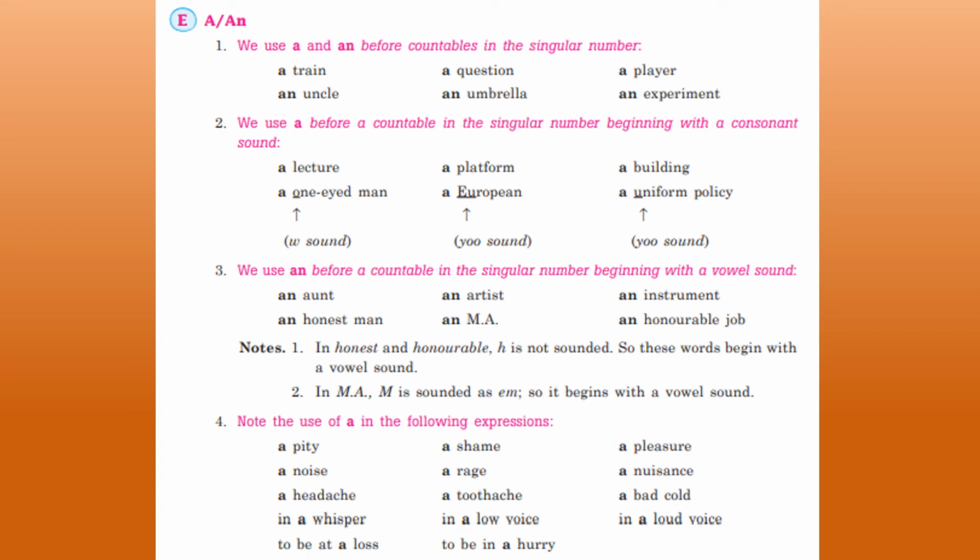We use an before a countable in the singular number beginning with a vowel sound, like an aunt, an artist, an instrument, an honest man. Here the spelling starts with H, but the pronunciation is onest. The sound comes from the vowel O. So that is why we have to use an, an honest man.